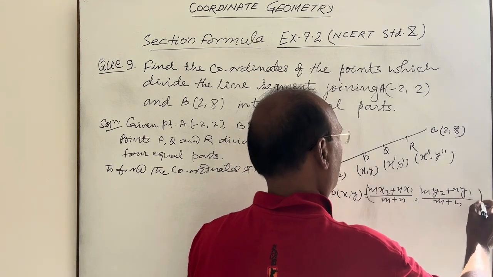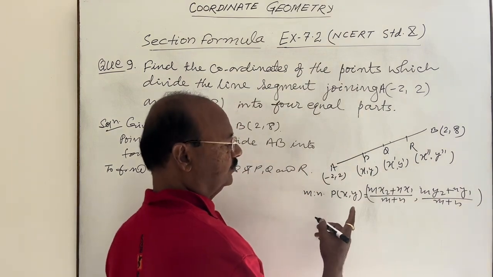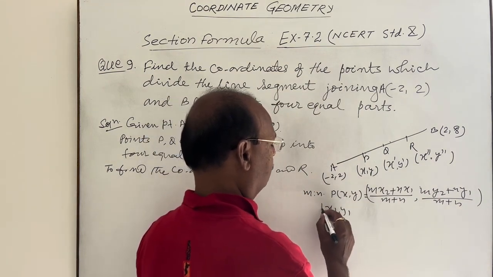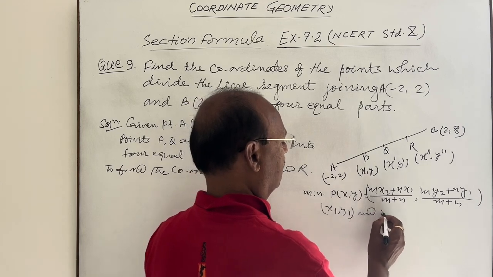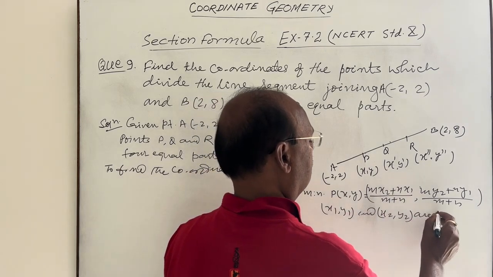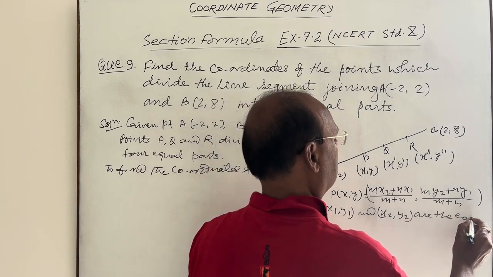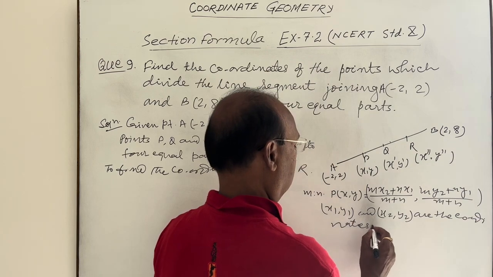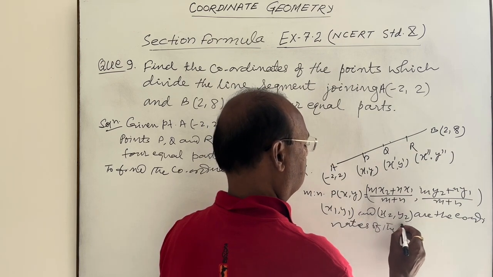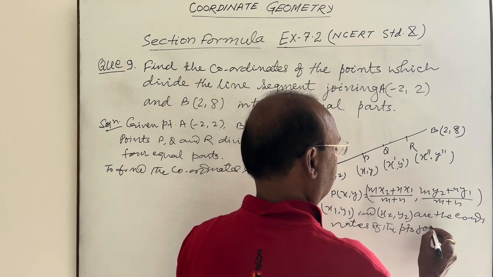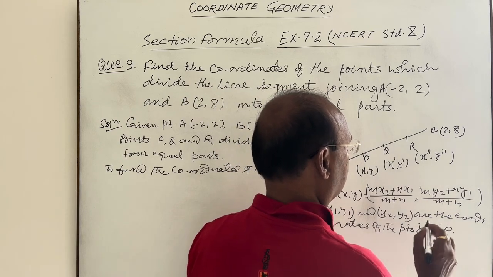Correct? Where x1, y1 and x2, y2 are the coordinates of the points joining.